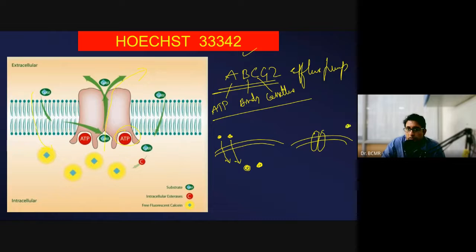In other cells, the dye may pass in, but then it could be pumped out by these efflux pumps. So at the end, when we use Hoechst dye, some of the cells will be stained with the dye, and some will remain unstained because of the efflux pump. The stain is sent out of the cell.